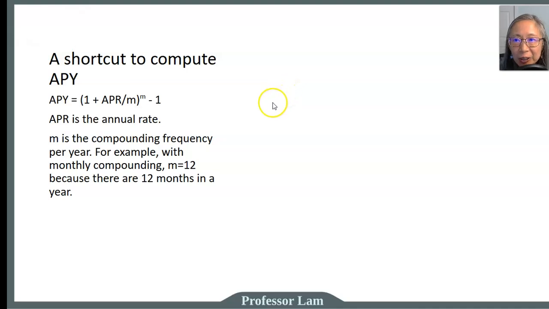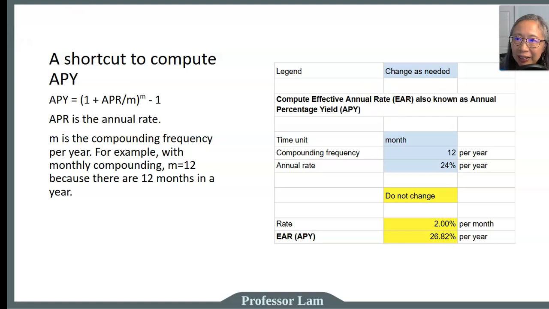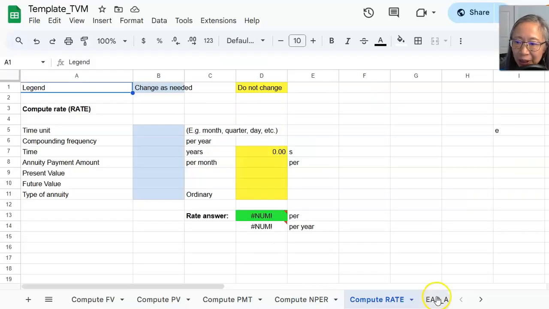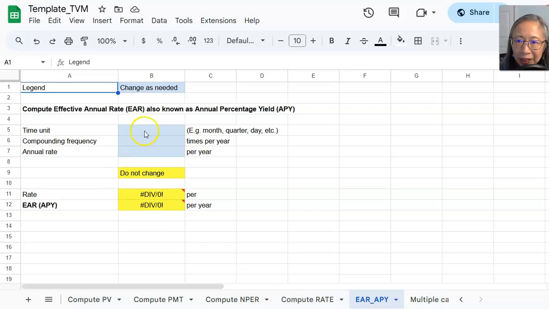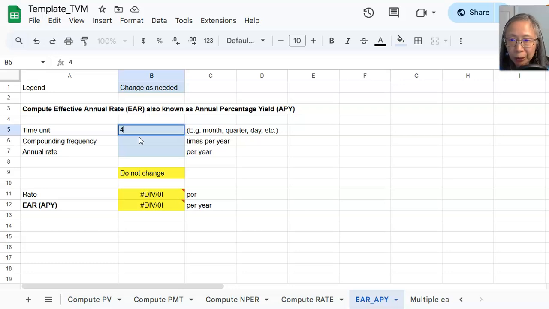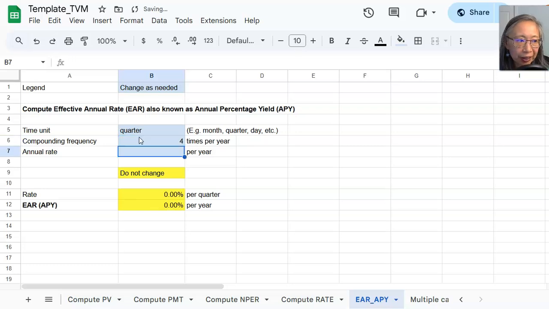You can also use the spreadsheet template that we have created. So go to the EAR tab. So the time unit, in our last example, was quarterly, so it will be a quarter. So that means it's 4 times per year.